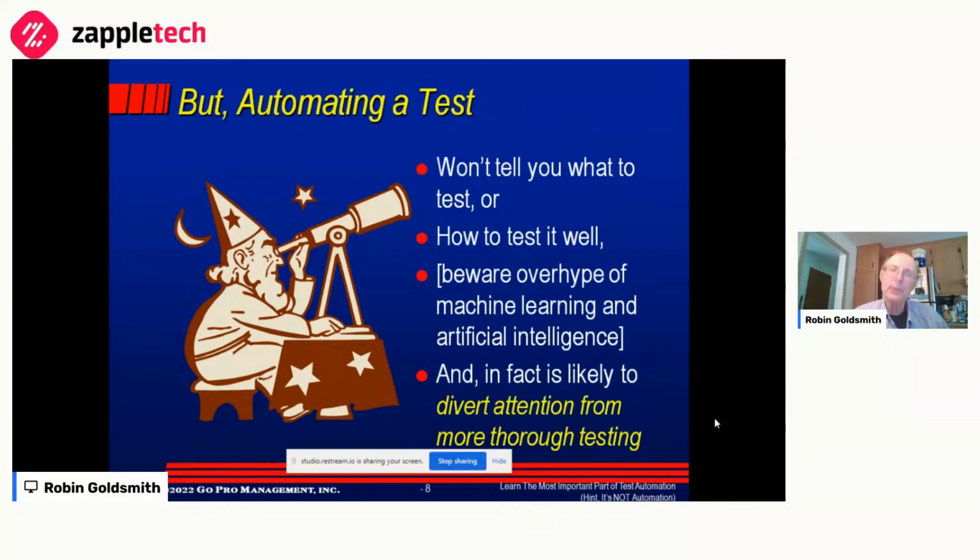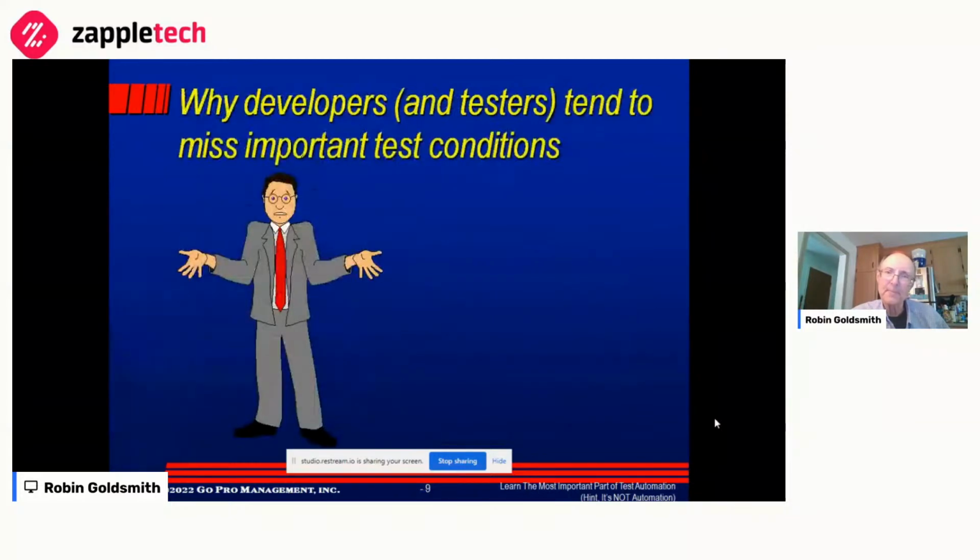Now, here's the other issue, that very often automating a test actually diverts attention from thorough testing, more thorough content attention. And basically what happens is that testing falls down because we miss important test conditions.